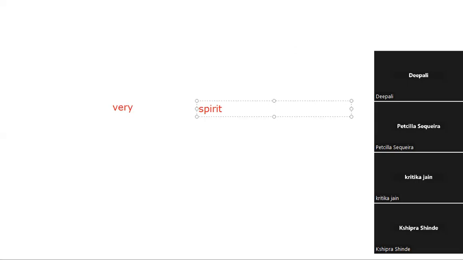Okay. Can you all Google the pronunciation of very and tell me? You have to check on Google the pronunciation of this word and tell me in the chat box.